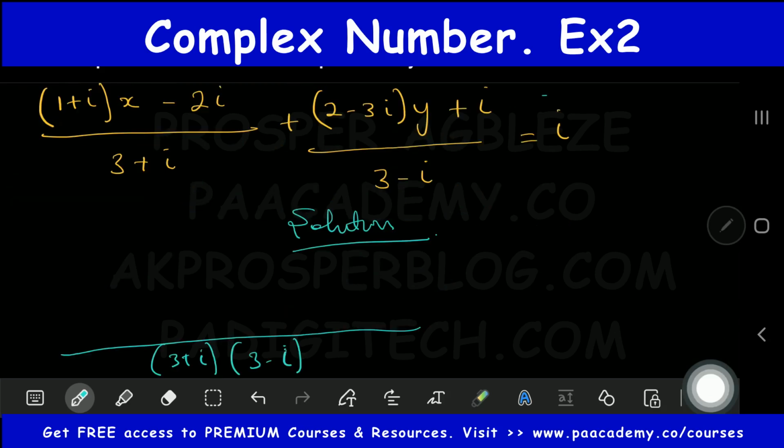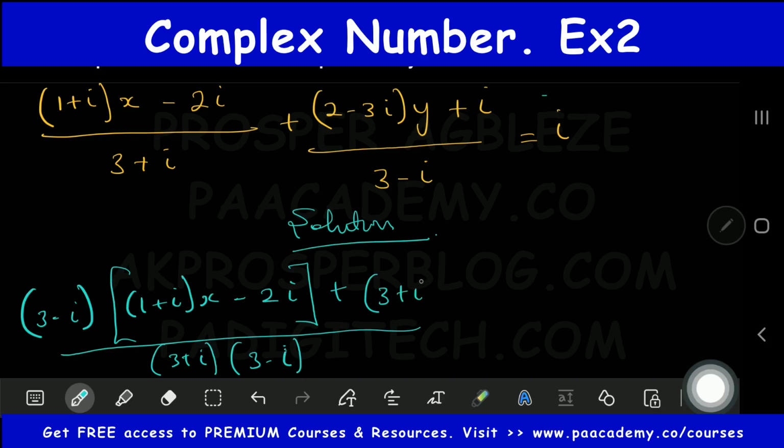So if you do this correctly, we are going to be having here 3 minus i, then all into brackets 1 plus i multiplied by x, then minus 2i, then plus 3 plus i. So let me open a square bracket.